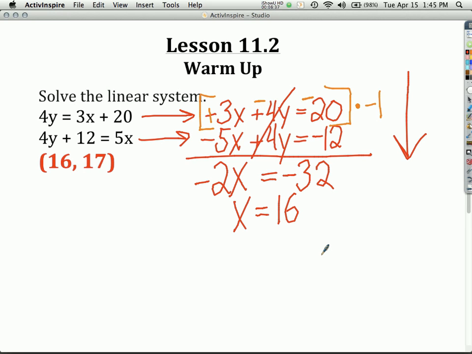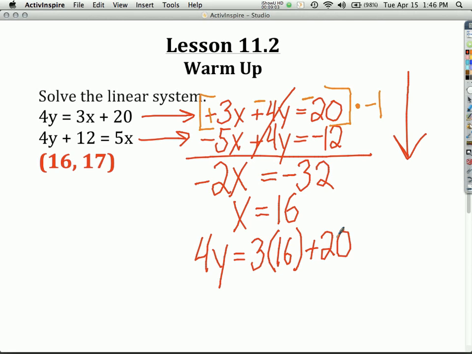Matthew? Put in 16. Yeah, plug the 16 back into one of these and solve. The first equation is set up pretty nicely for this. 4y equals 3 times 16 plus 20. 16 times 3 is 48.